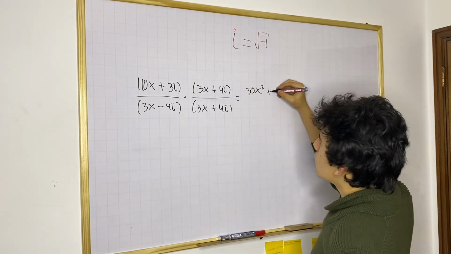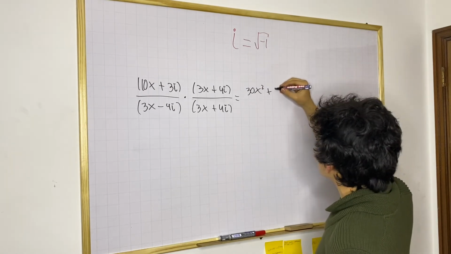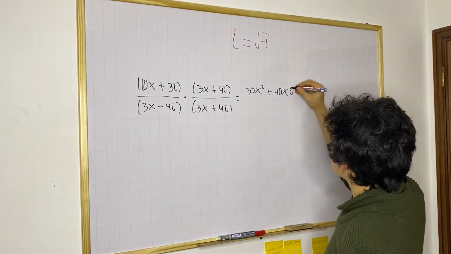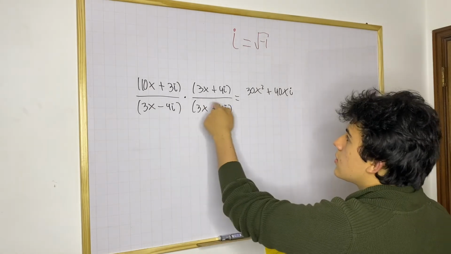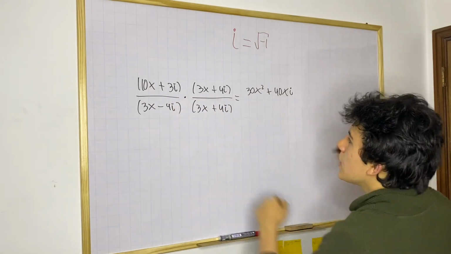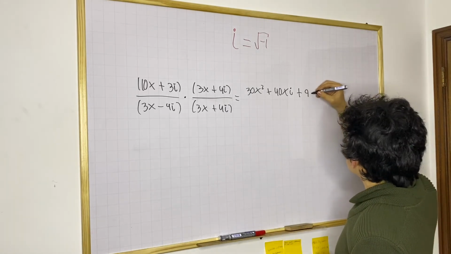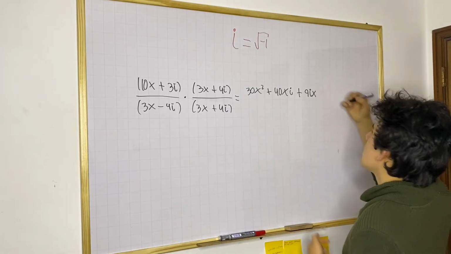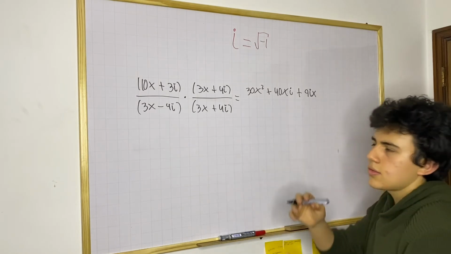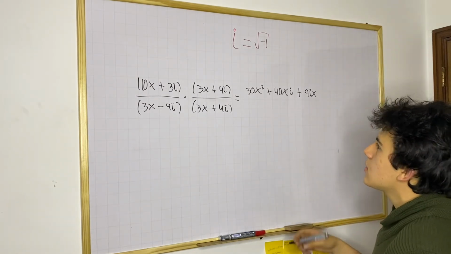Now plus 40xi, 40x times i. These two are done. And now plus 9i times x, 9xi. The same thing as this. You can switch the order however you want.